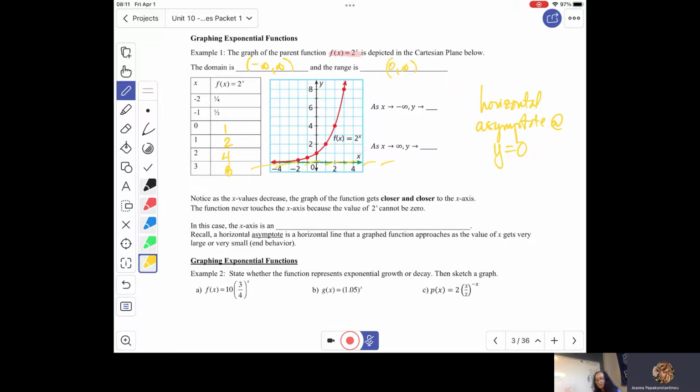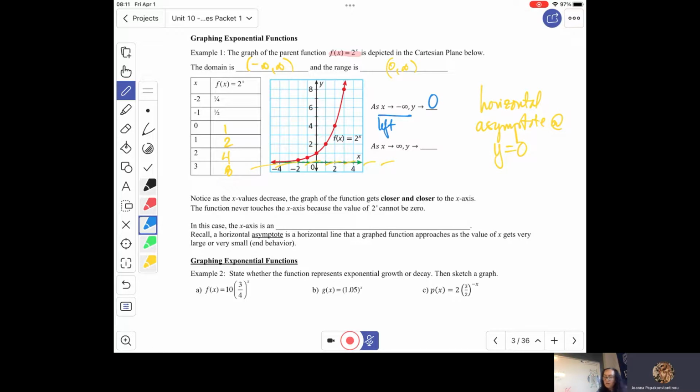So let's look at the tails, because we should be familiar with those tails. As x goes to negative infinity, which tail am I looking at? The left tail, okay? So as x goes to negative infinity, y goes to 0, right? The horizontal asymptote.